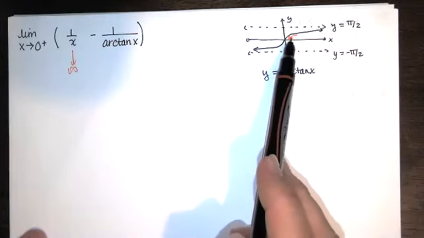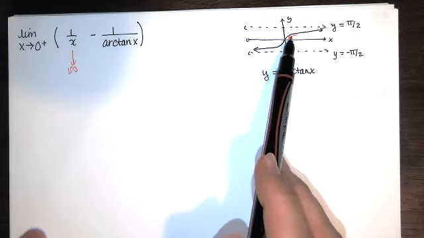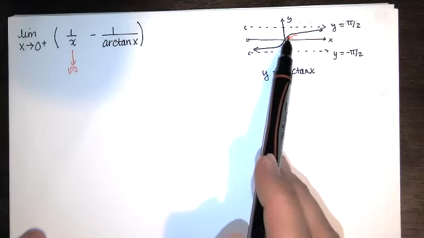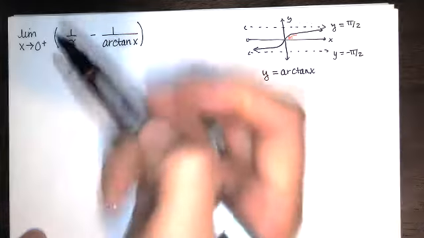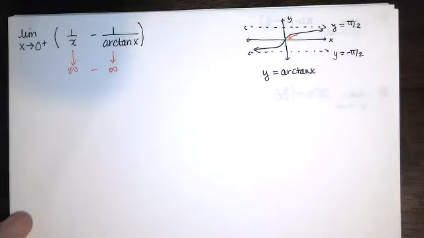Now, from our graph, we see that the arctangent values, those are the y values on our graph, are tiny positive numbers as x approaches 0 from the right. So I've got 1 over a tiny positive number, that's a large positive number. So I've got an infinity minus infinity indeterminate form.